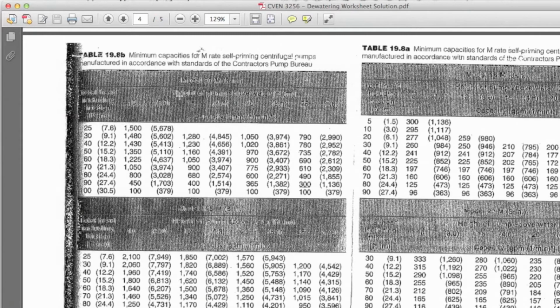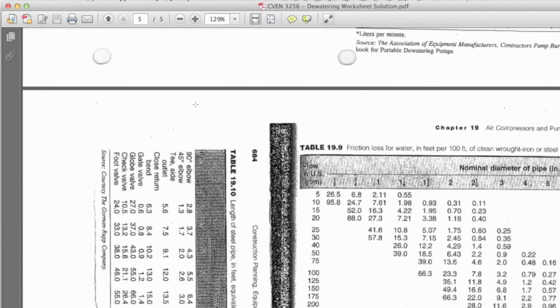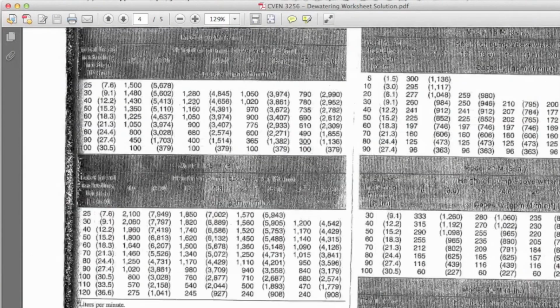This gives you the height above the water. This is the total head. So if we look at this one right here, this is the one we want.